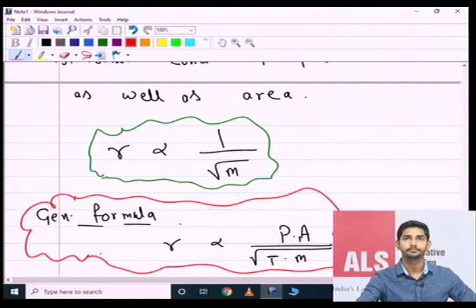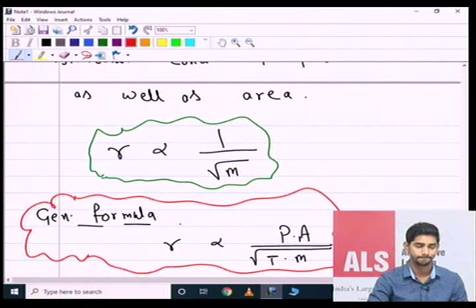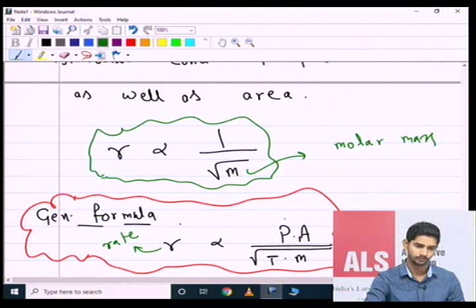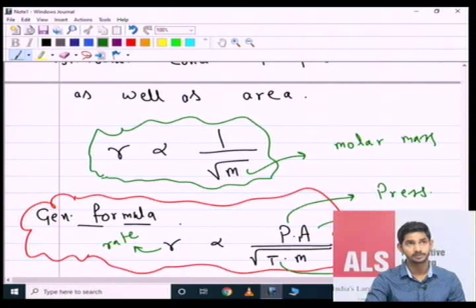Copy. R is rate. M is molar mass. P is pressure. A is area. T is temperature.